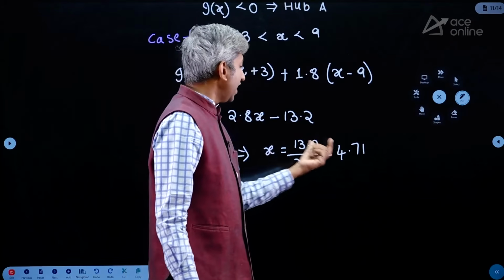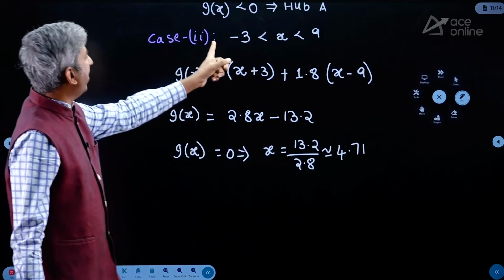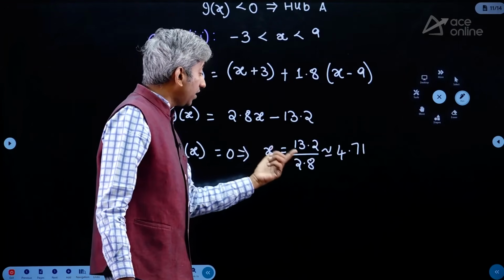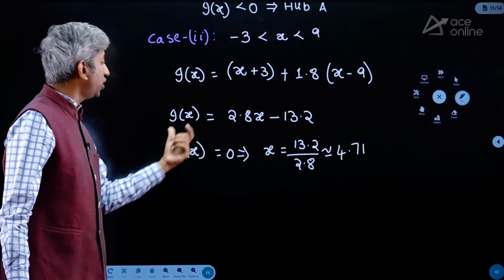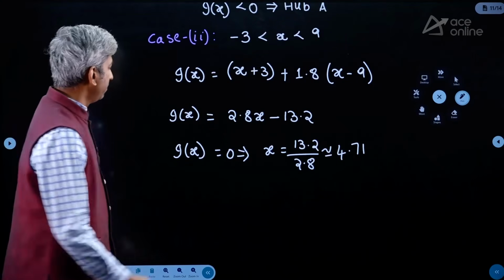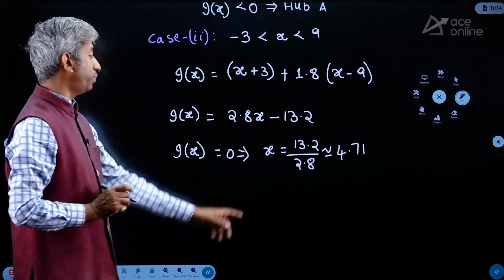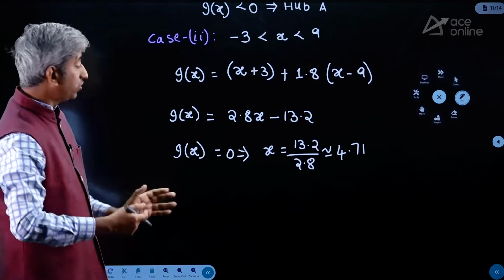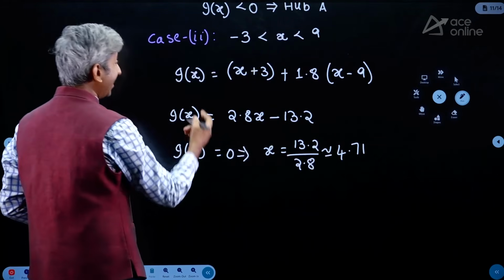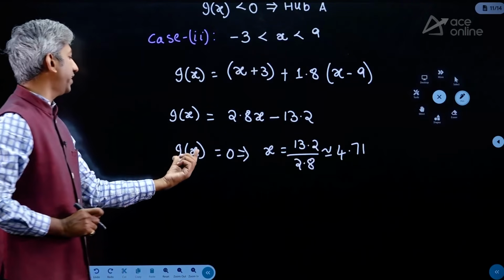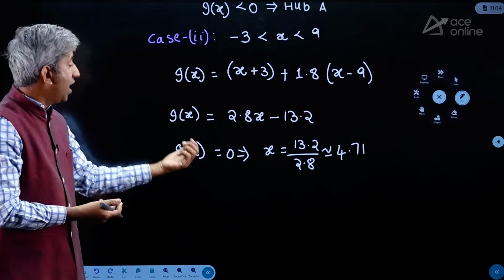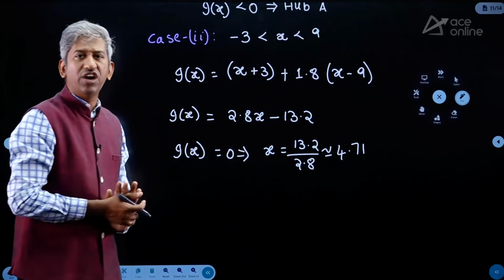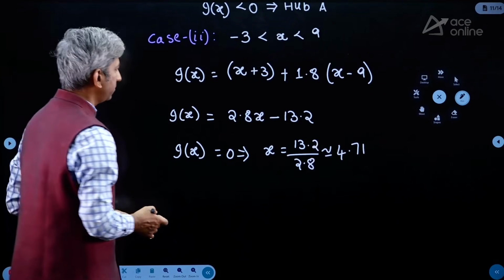Now you just check that x equal to 4.71 is a value in between minus 3 to 9, and for this x, g of x is equal to 0. Anything in between minus 3 to 4.71 gives g of x less than 0, and anything above 4.71 up to 9 gives g of x greater than 0 in this specific case.